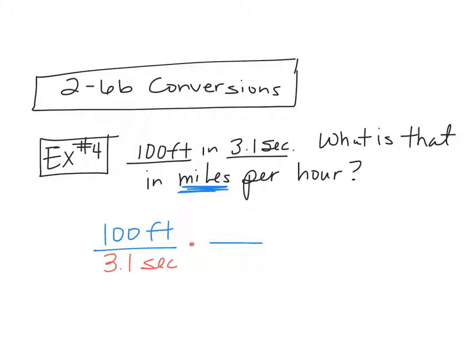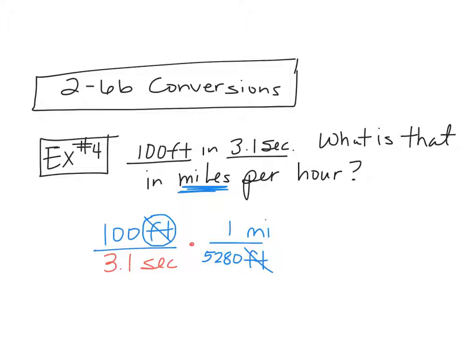Right now, feet is in the numerator, so we're going to put feet down here so that those cancel out, and then put miles on top. Then you ask yourself, how many miles for how many feet? Maybe you learned this last year, but 1 mile is 5,280 feet. I always have students tell me they learned it as 5 tomato. So maybe that's helpful to you.